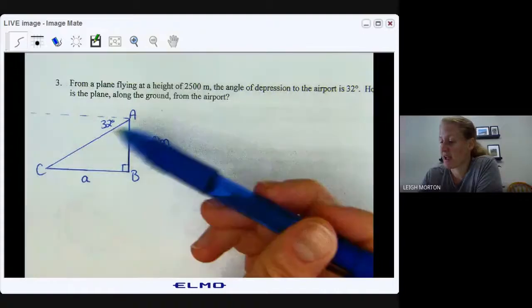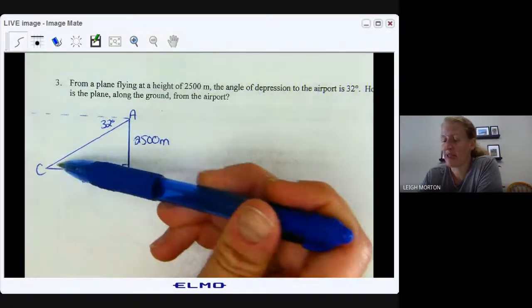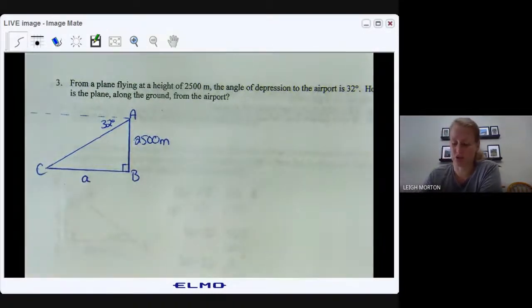So give me either angle A or angle C and tell me the angle theorem that you use to solve it, please.